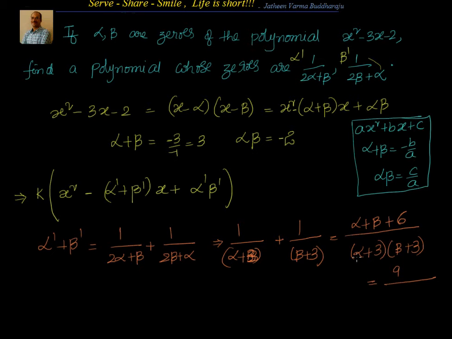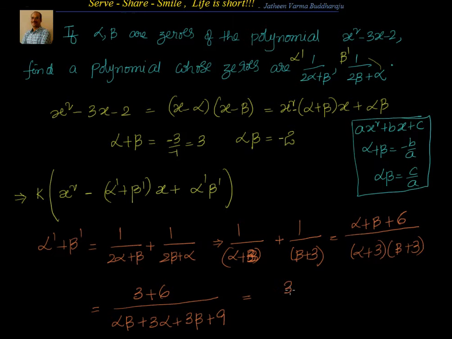If you multiply this out, okay, let me write down one more step. Let me not hurry through this. That's equal to alpha plus beta 3 plus 6, divided by alpha plus 3 into beta plus 3, which is alpha beta plus 3 alpha plus 3 beta plus 9.